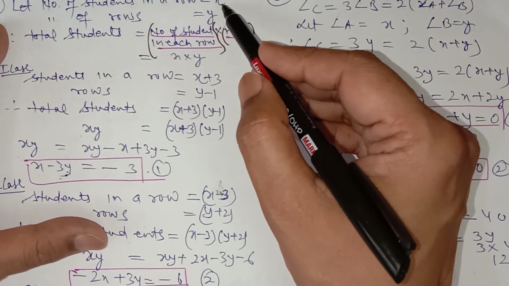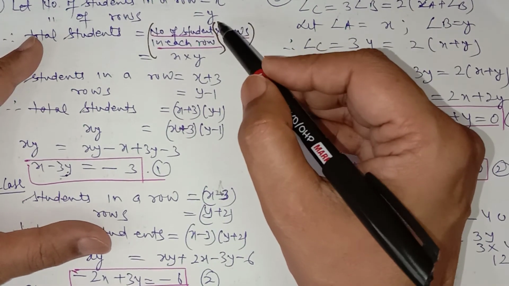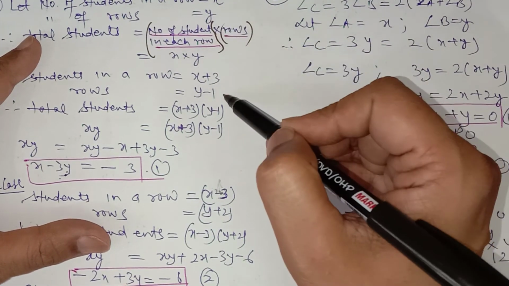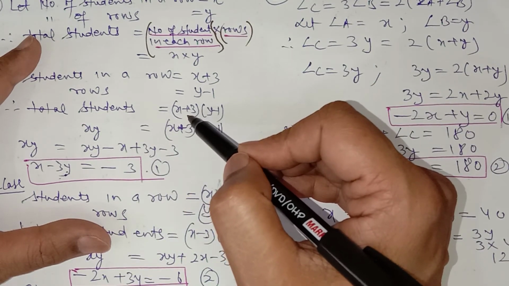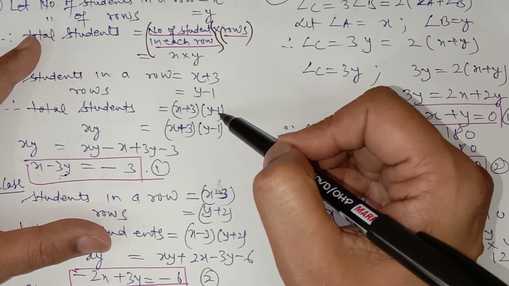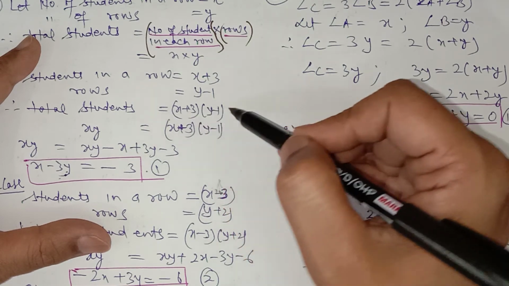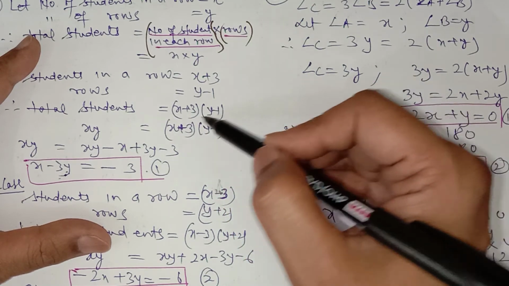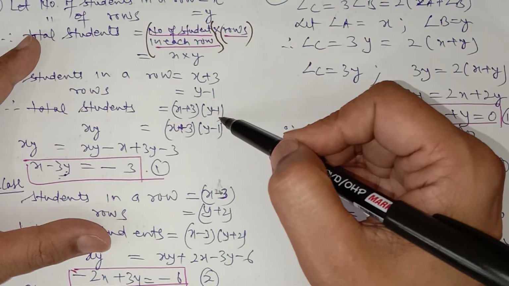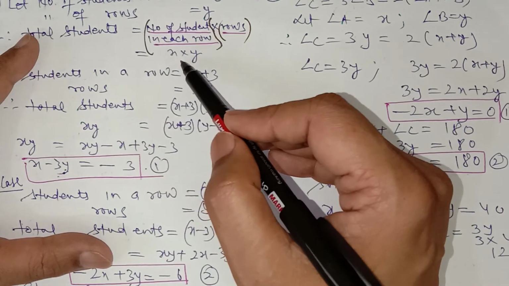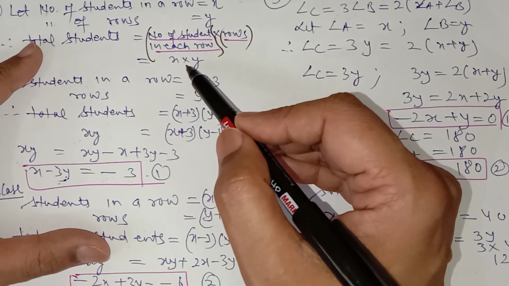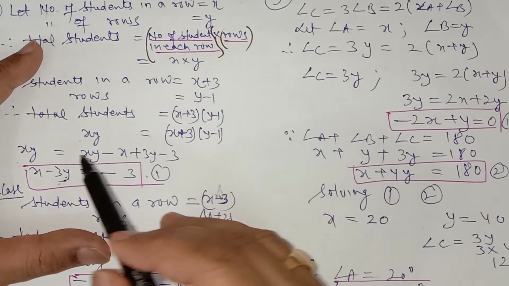So in a row, the students become x plus 3 and the rows become y minus 1. 1 row is decreased. So now the students in a row is x plus 3, number of rows is y minus 1, and if you multiply it, you will get the number of students, and the number of students is already x into y. We have done in the original case, x into y.